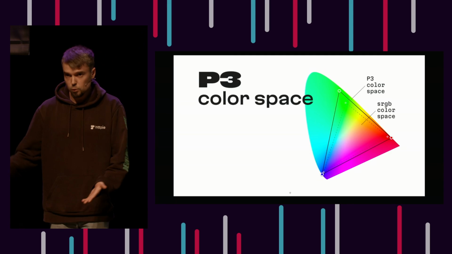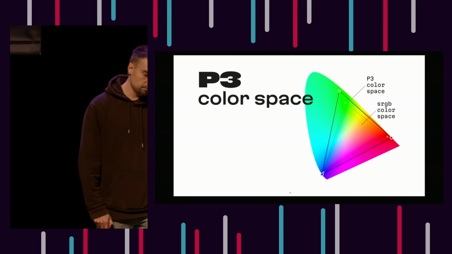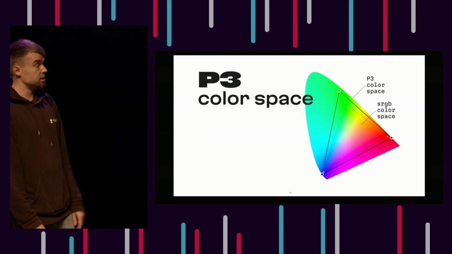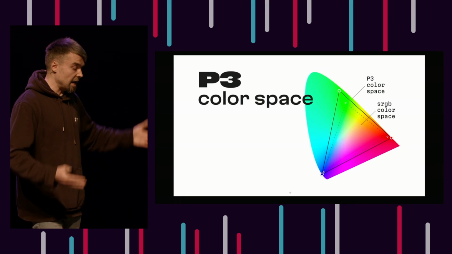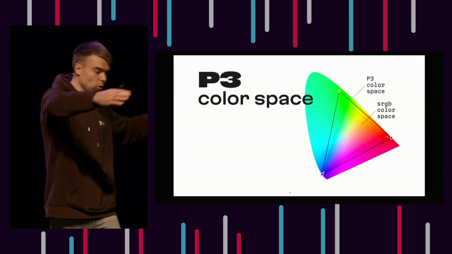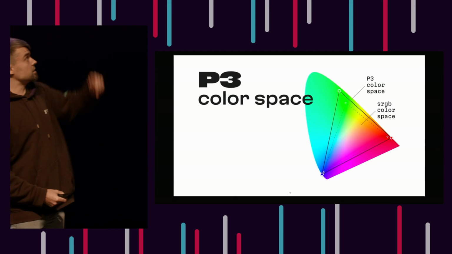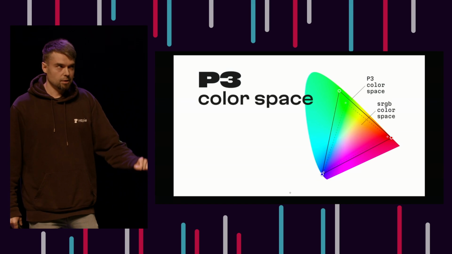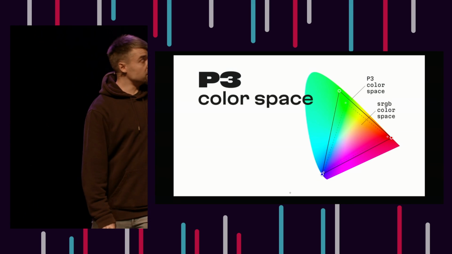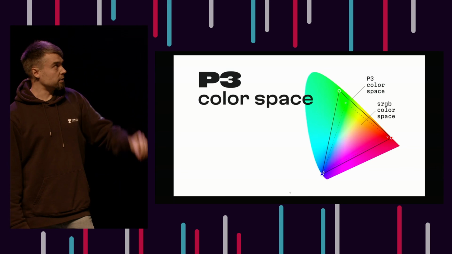But time goes on, new technologies come in, and modern displays are capable of much richer and deeper colors, and they can produce more colors. This enlarged triangle represents the P3 color space. And notice how much bigger it is as compared to the older sRGB.